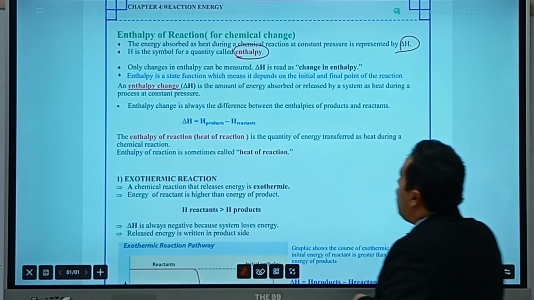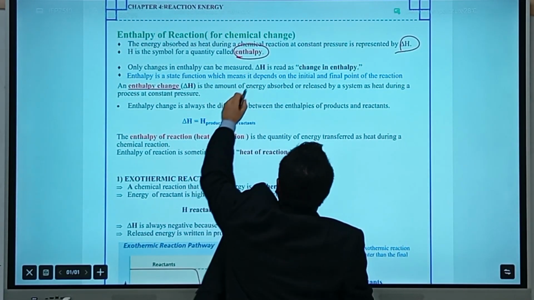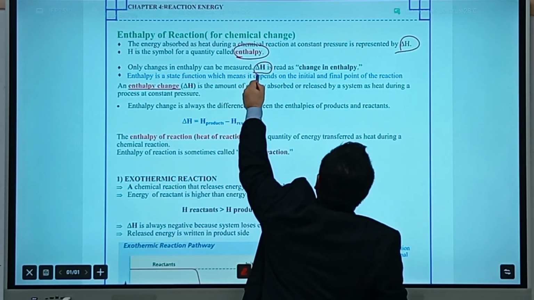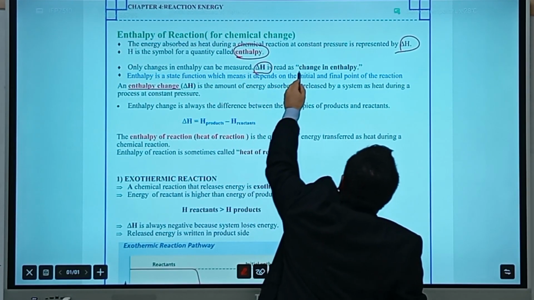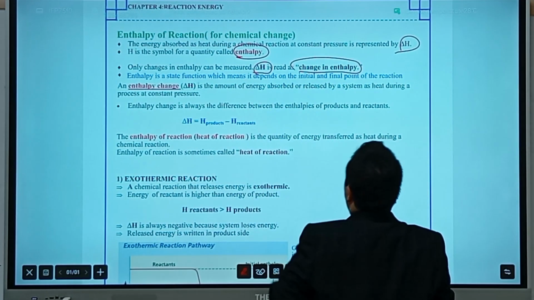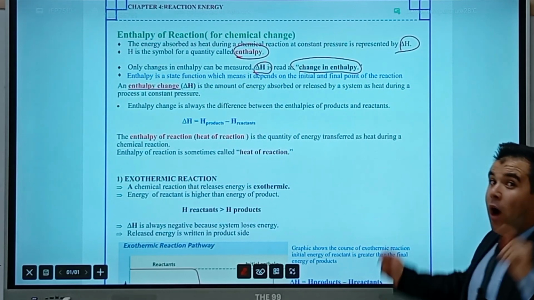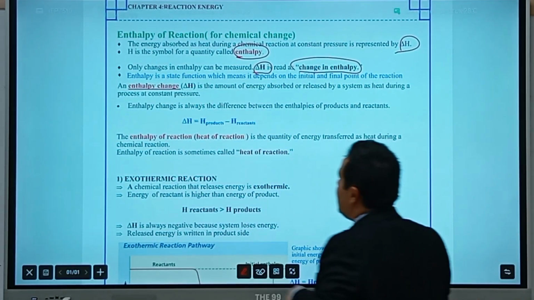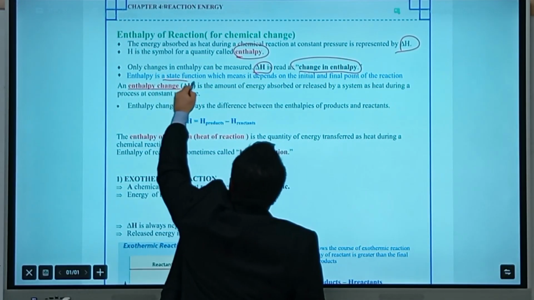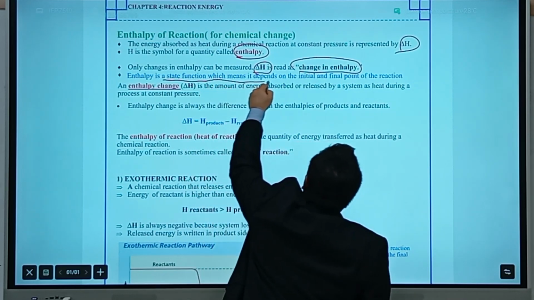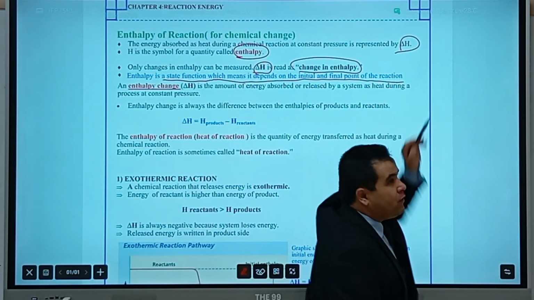Only the change in enthalpy can be measured. Delta H is read as the enthalpy change. Why? Because, guys, enthalpy is a state function, which means it depends on the initial and final points of the reaction.